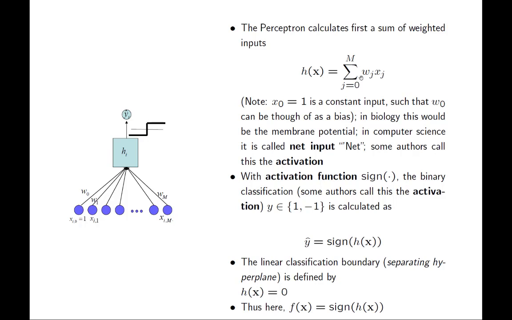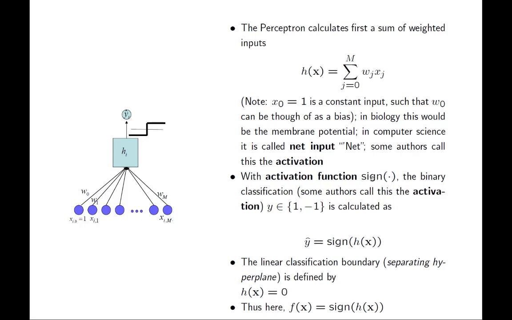Then we have this transfer function here. It's called the activation function. In this case, it would be sign: if the input is 0 or larger, it transforms it into a 1.